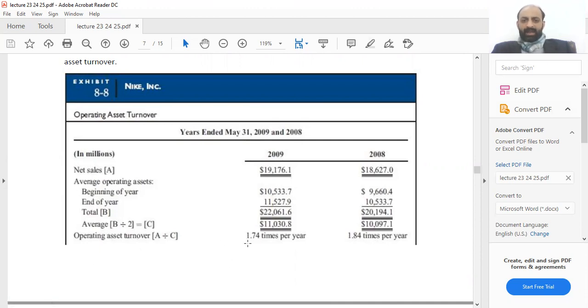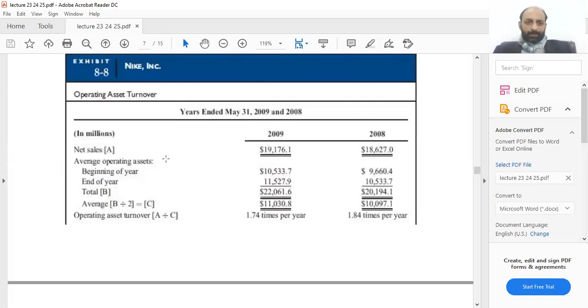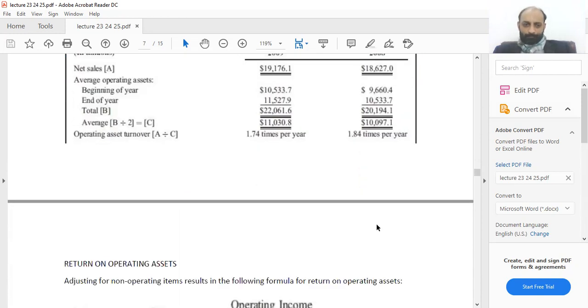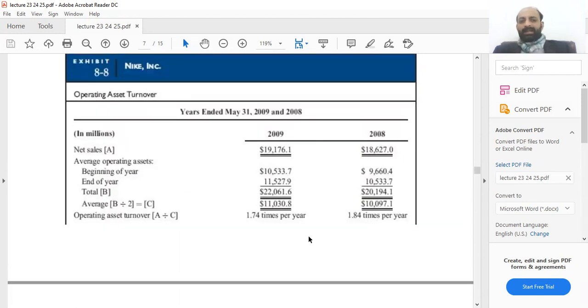So for 2009, we get a figure of 1.74 times per year, while in 2008 it was 1.84 times per year. So it means that there was a decrease in the operating asset turnover.